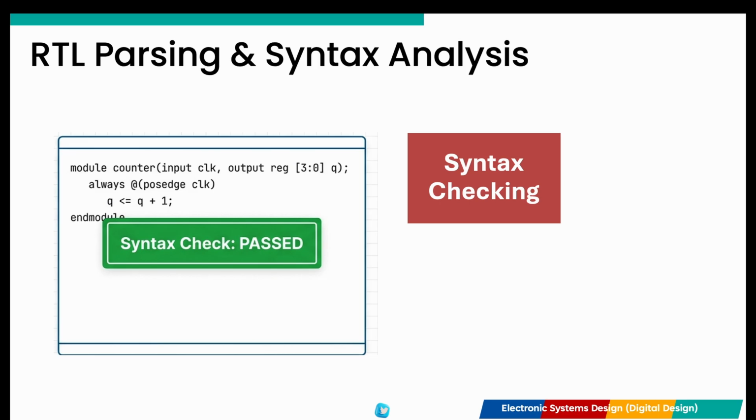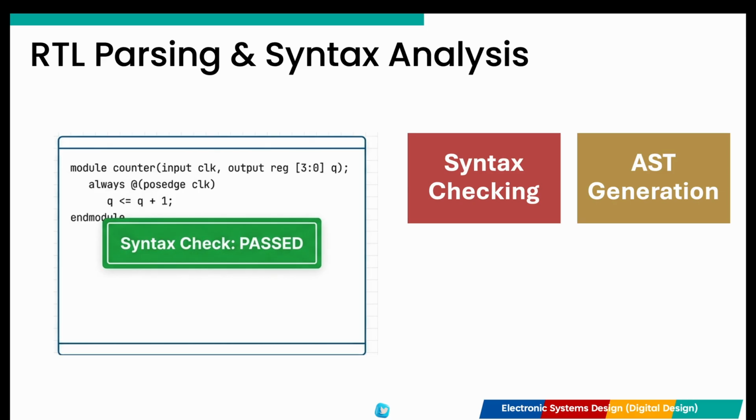Once syntax is verified, the tool creates an abstract syntax tree, or AST. This is the hierarchical, tree-like representation of your code structure. In this tree, the root is the module itself, and the branches represent your logic blocks, such as always statements or assign declarations.